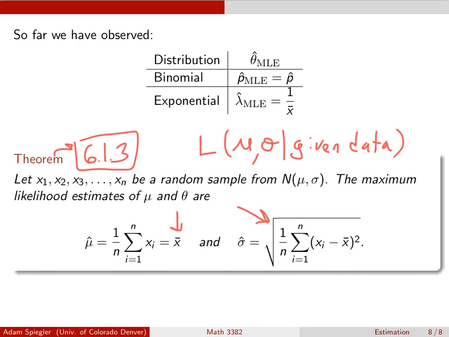So when you go through that process, it's going to require the same calculus that's required to find the maximum value for a function of two variables. So there's going to be some multivariable calculus in that, but it's worth going through and reading and just verifying for yourself how we can get the estimates for mu and for sigma. I wouldn't ask you guys to prove that, but I think it's worth convincing yourself.